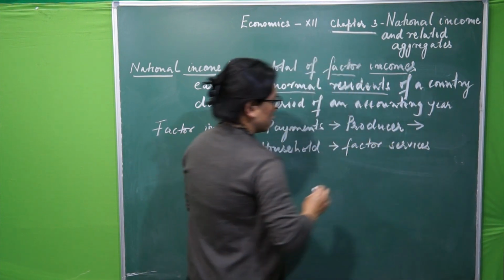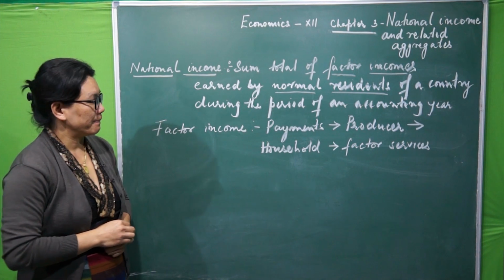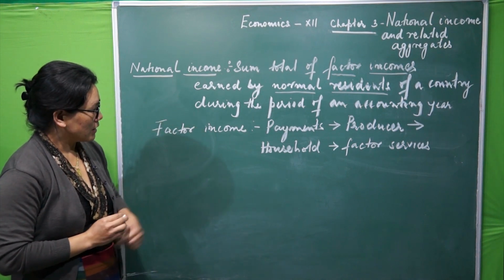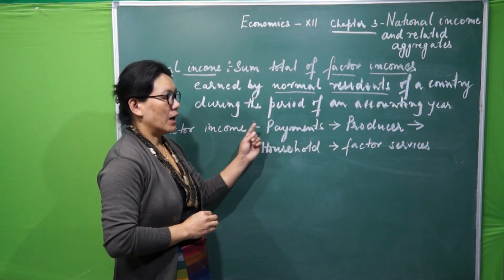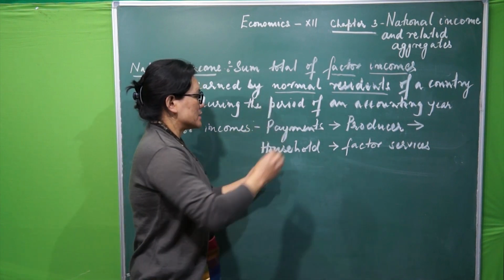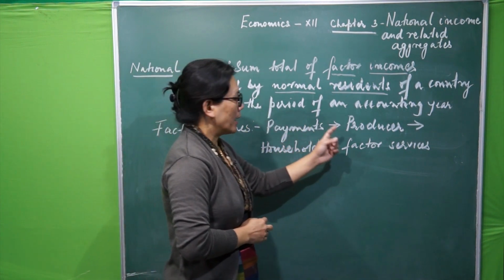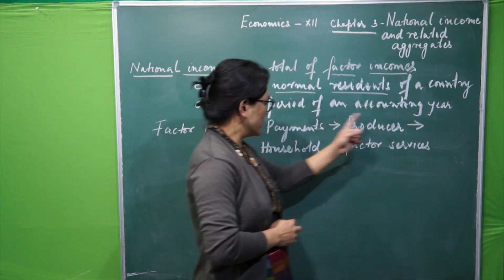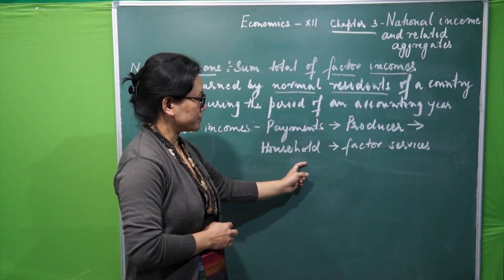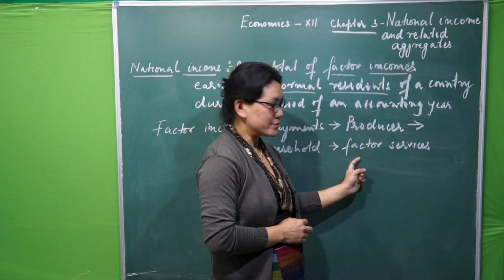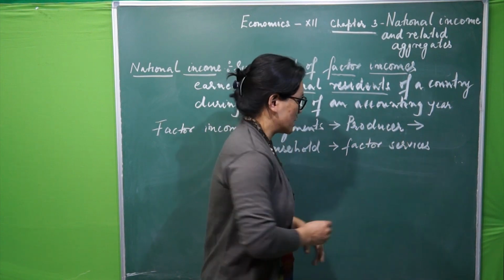It is called factor income. So what is this factor income? Factor incomes are the payments made by the producer to whom? To the household for rendering their factor services.